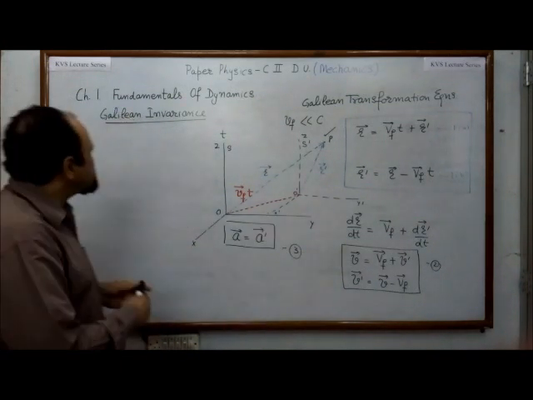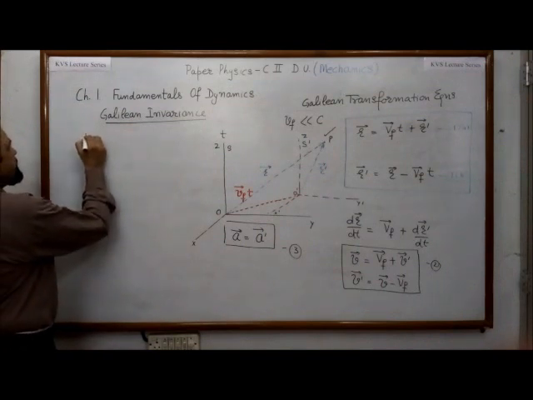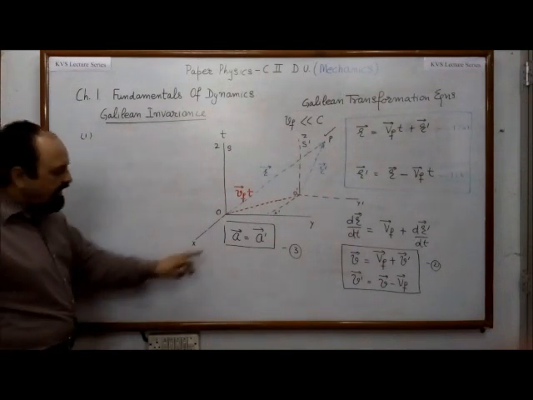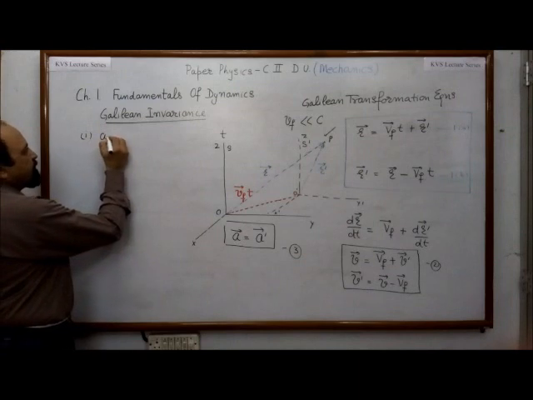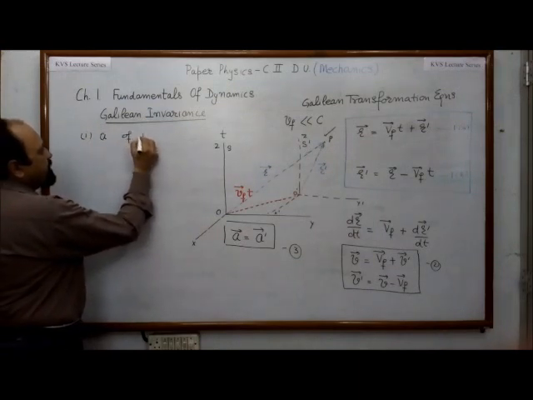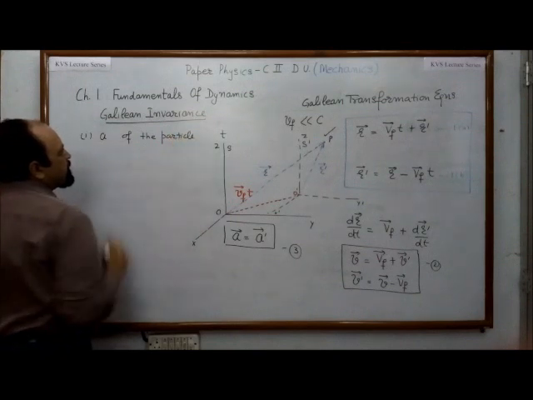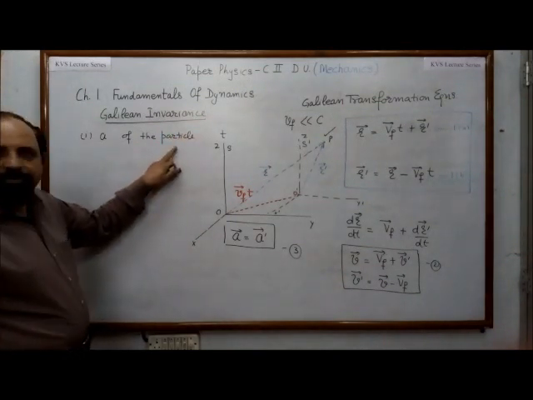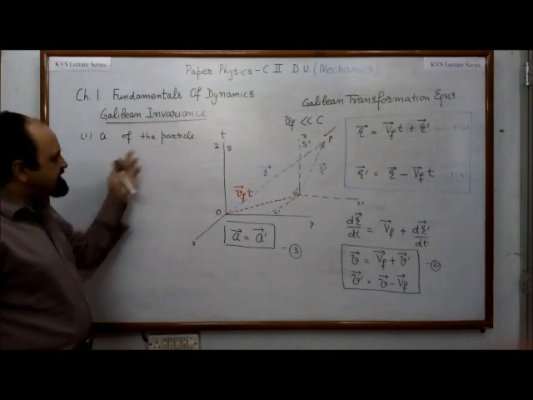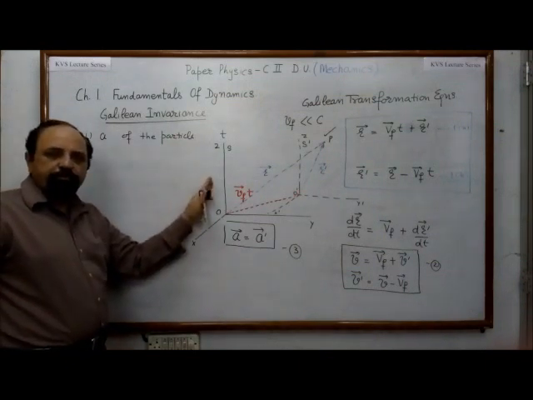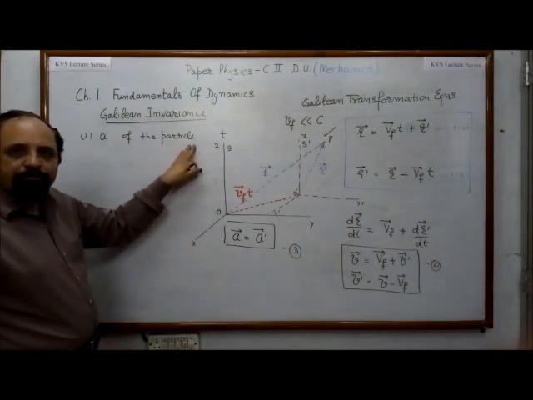Hence from these three equations I can make one statement: yes, the acceleration A of the particle is invariant, in S and in S' frame the value remains the same.